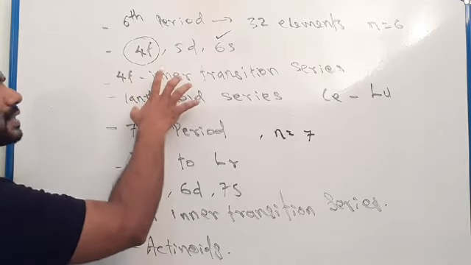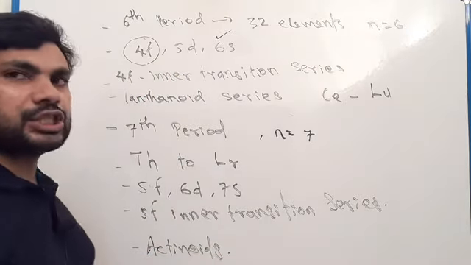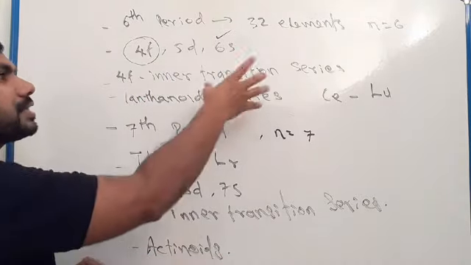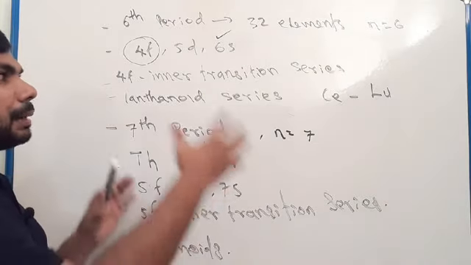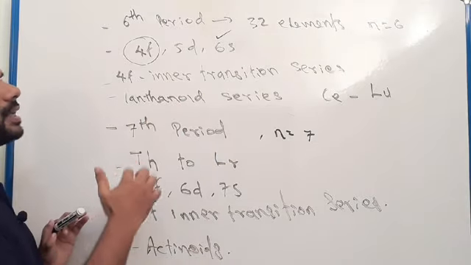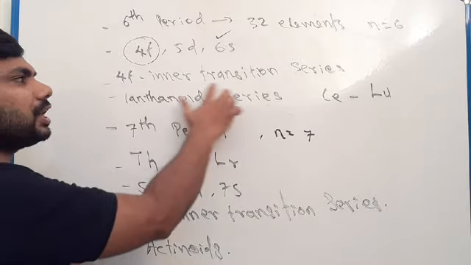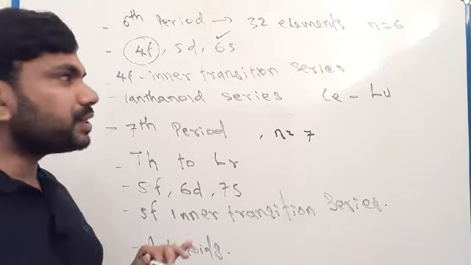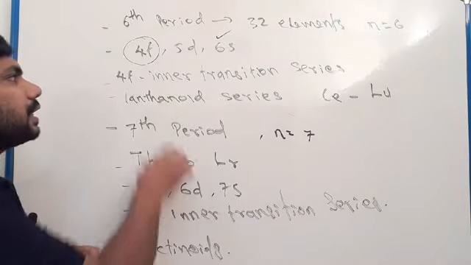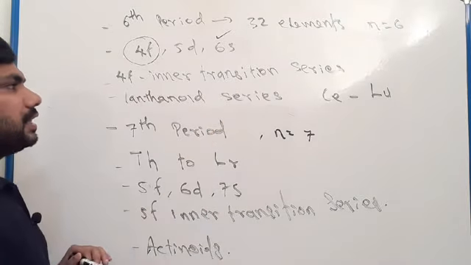That's why this is called 4f inner transition series. Before we discussed the transition series, but the 6th and 7th period elements are called inner transition series. The previous one was transition series, this one is inner transition series.